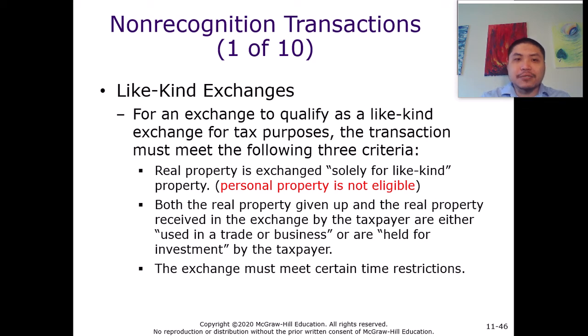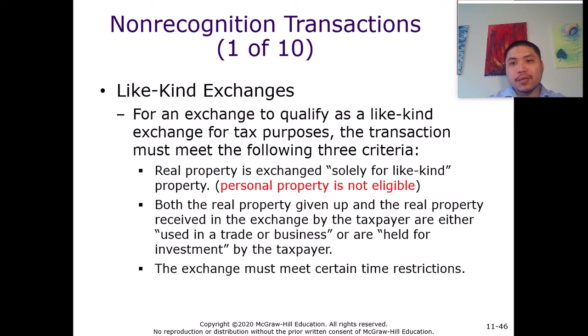So what is a like-kind exchange? For a transaction to qualify as a like-kind exchange, there are several requirements, several criteria that the exchange has to meet. So here are the three criteria. First of all, it has to be real property, and the real property is exchanged solely for like-kind property, meaning a piece of property exchanged for another piece of property.